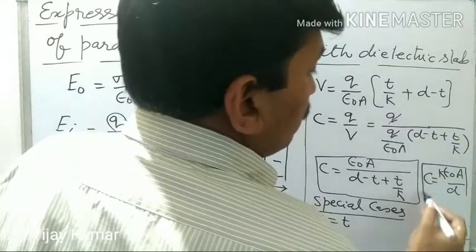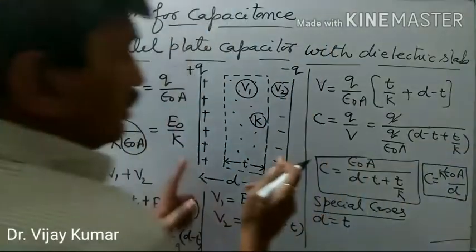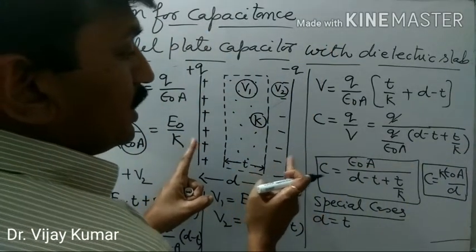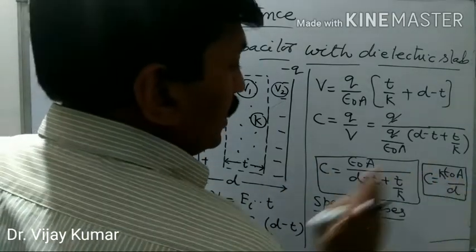It means when the dielectric is filled in the whole space, then capacity is K epsilon naught A upon D.